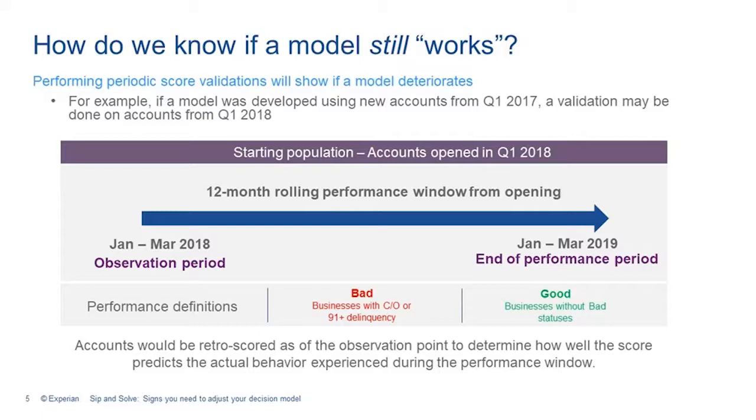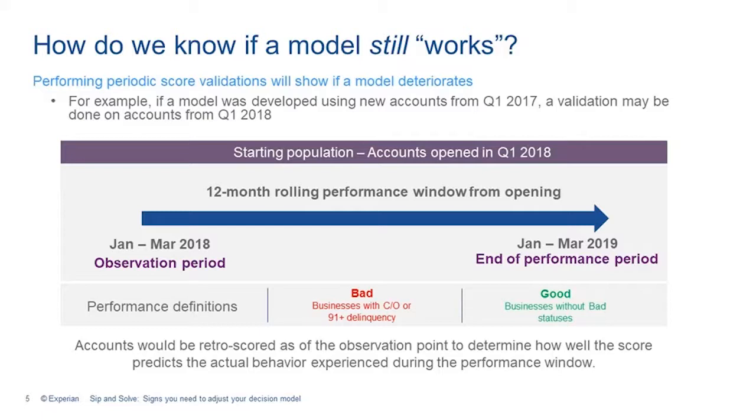Then we look at, in this example, the 12-month performance window and say, what was the actual behavior through first quarter of 2019? And here I used an example of a risk model where bad is delinquencies and good is the non-delinquencies. It said, okay, based on the retro-scored population of first quarter 2018, how well did the score at that observation point predict the actual behavior over the next 12 months?